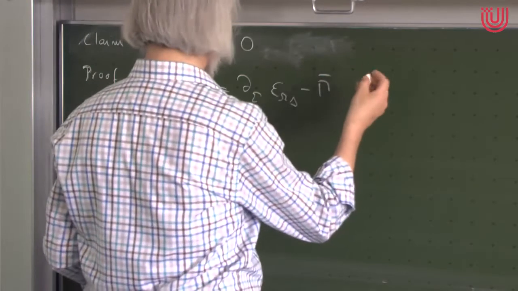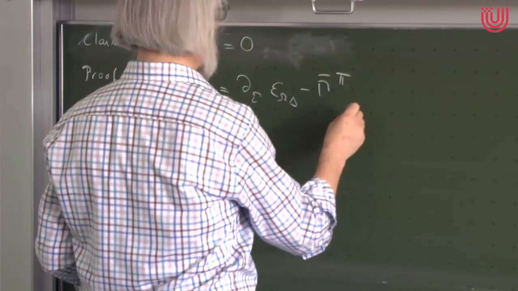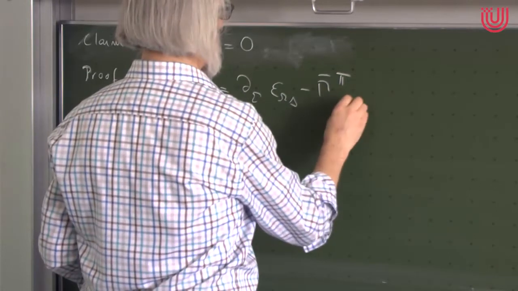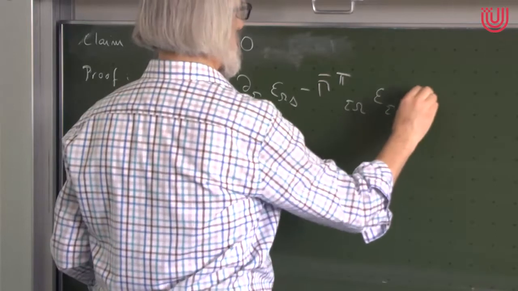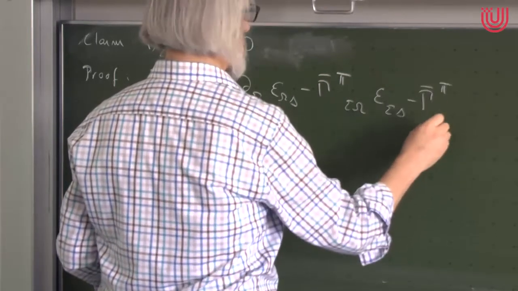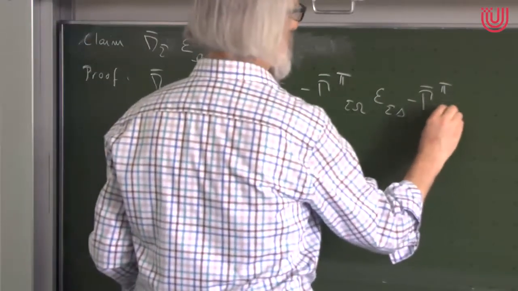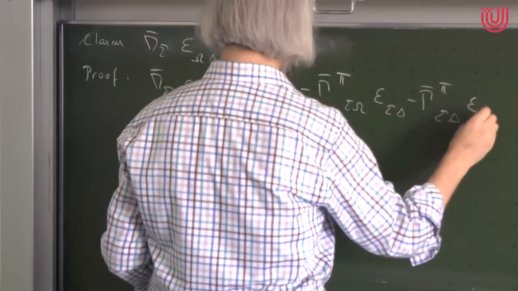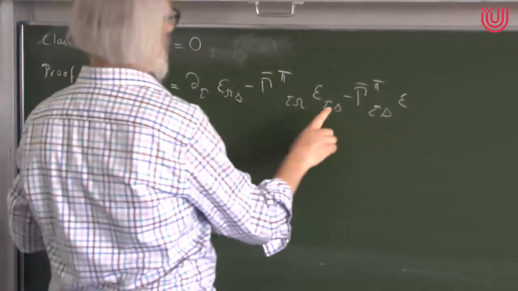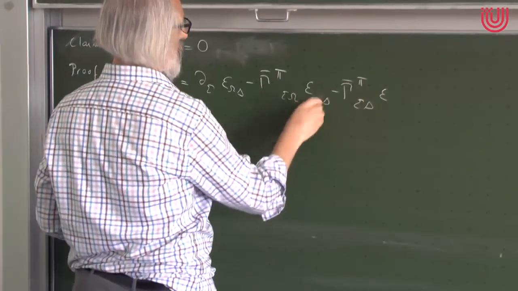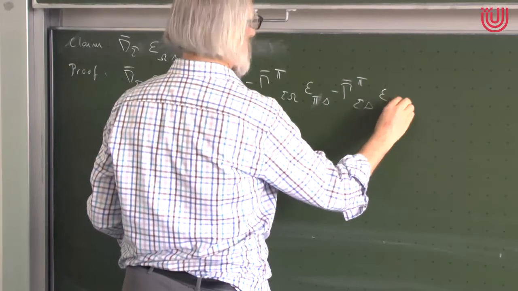Let's say, I don't know, capital pi. Sigma omega, epsilon, sigma delta, minus gamma bar pi, sigma delta, epsilon, sigma delta, pi omega, sorry, this is wrong here. Pi delta, omega pi, that's it.